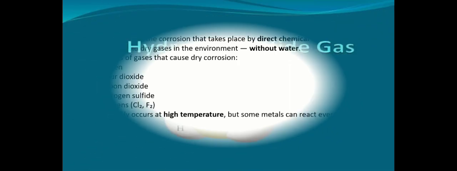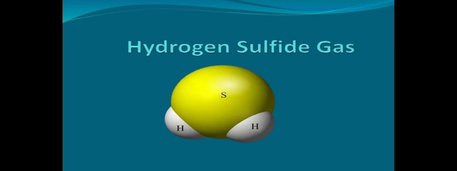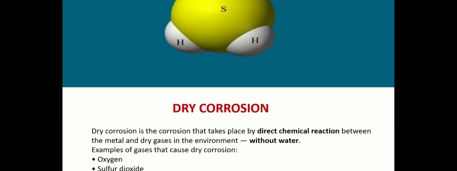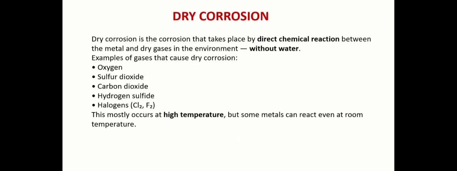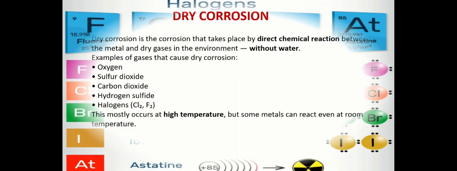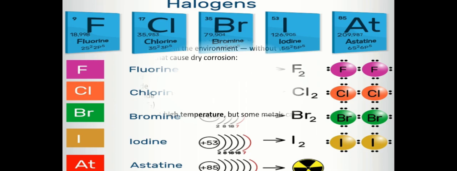So, whenever a metal is exposed to these reactive gases, especially at high temperatures, it slowly forms oxides, sulfides, or chlorides depending on the gas involved. In simple terms, dry corrosion is the corrosion that occurs even when the environment is dry, entirely driven by the chemical combination, and the nature of the oxide film formed determines whether the metal is protected or continues to corrode.